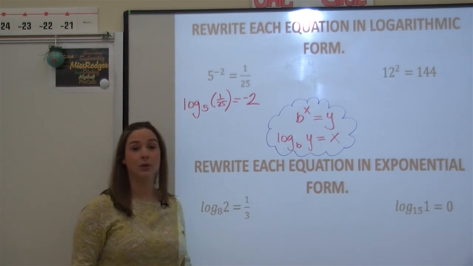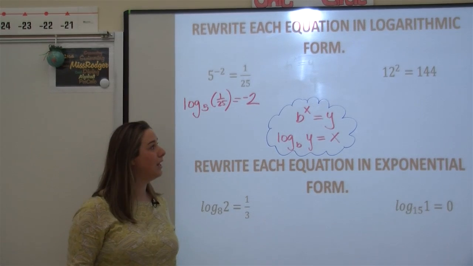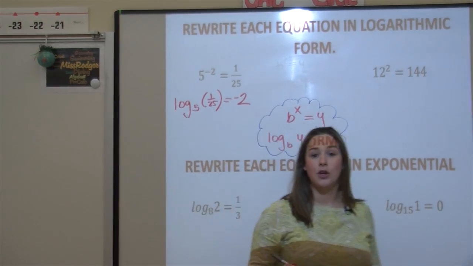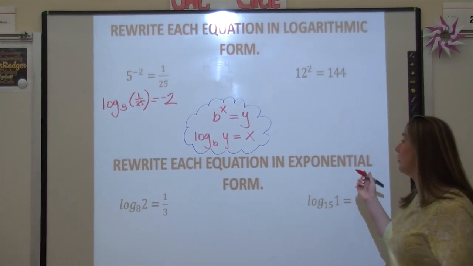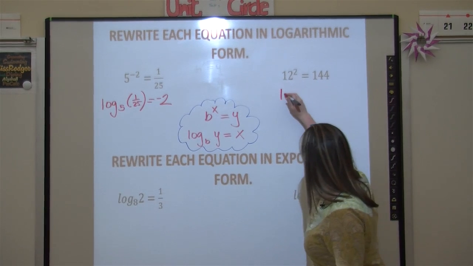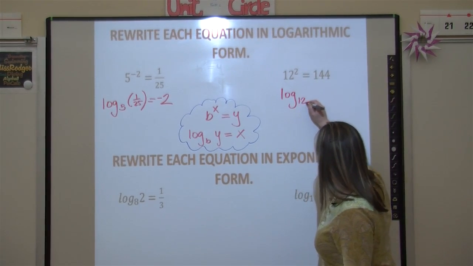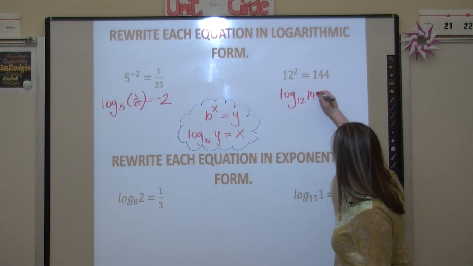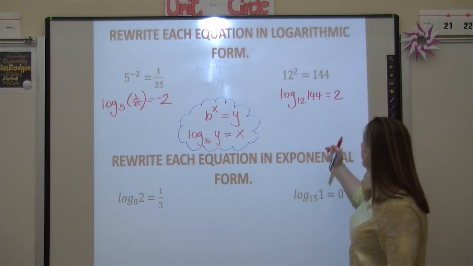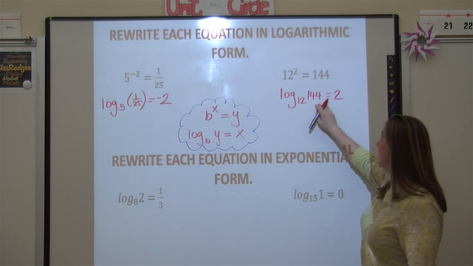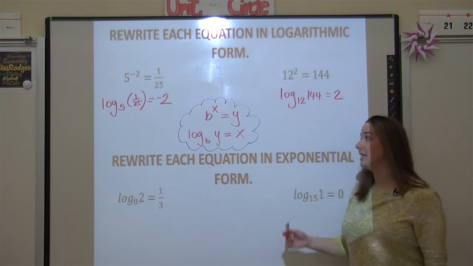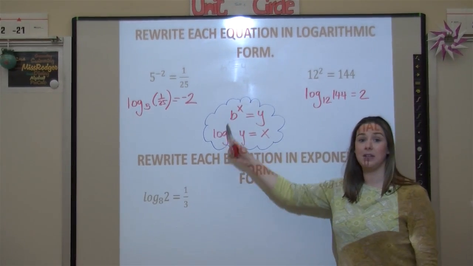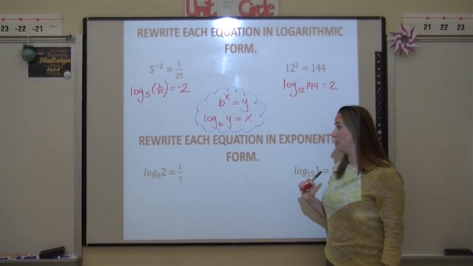Next, 12 to the second equals 144, and I want to write this in log form. My base is 12: log base 12 of 144 equals 2. 12 to the second equals 144, and that's how you can check yourself. This is something we definitely want to be comfortable with.